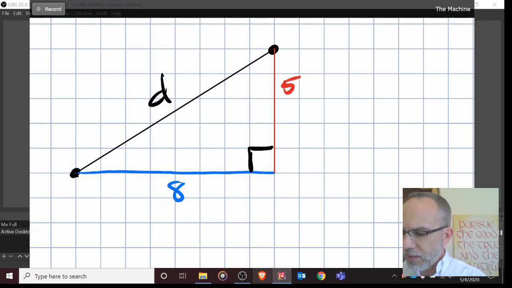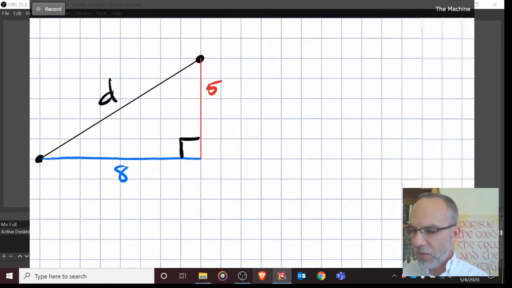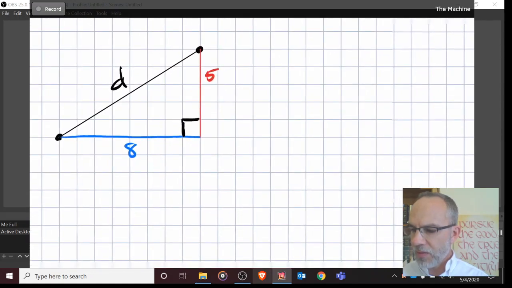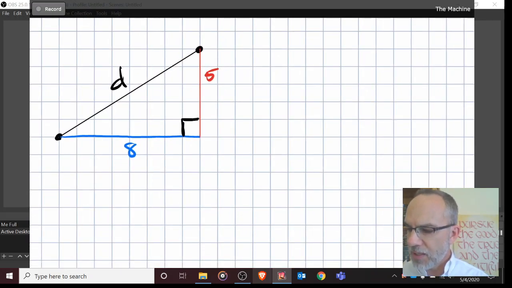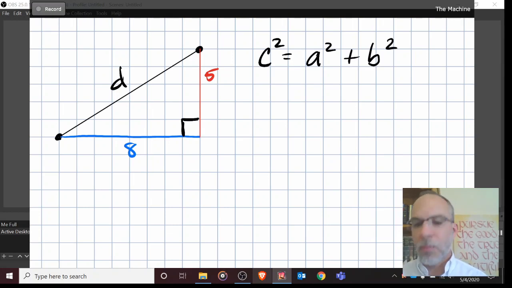So I've got a right angle right there, and so if you remember now the Pythagorean theorem says in a right triangle where C is the hypotenuse, C squared is equal to A squared plus B squared. Okay, here's the right angle, there's the side opposite it, so my C is now, I'm going to call that D for distance.